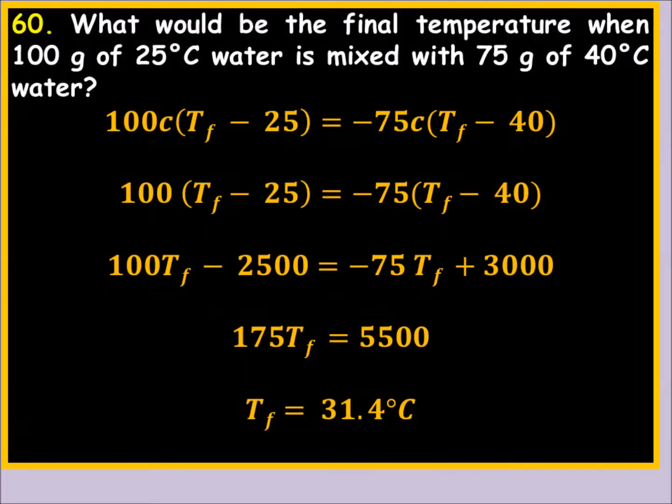Next, what would be the final temperature when 100 grams of 25 degrees Celsius water is mixed with 75 grams of 40 degrees Celsius water? The C's cancel, and then you just simply reduce everything else.